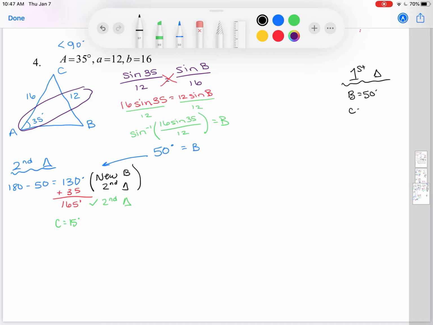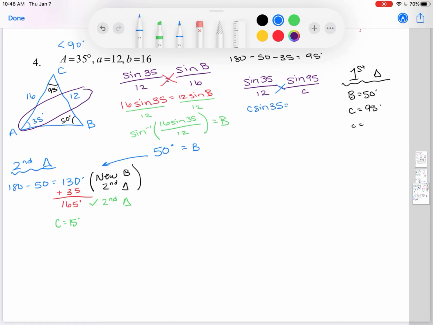So I have a B of 50 degrees. I'm going to need my C value and my little c. My big C, if I find that, would be 180 minus 50 minus 35, which gives me 95 degrees. Then I use my matching pieces again: sine 35 over 12 equals sine 95 over c, because I'm solving for c.